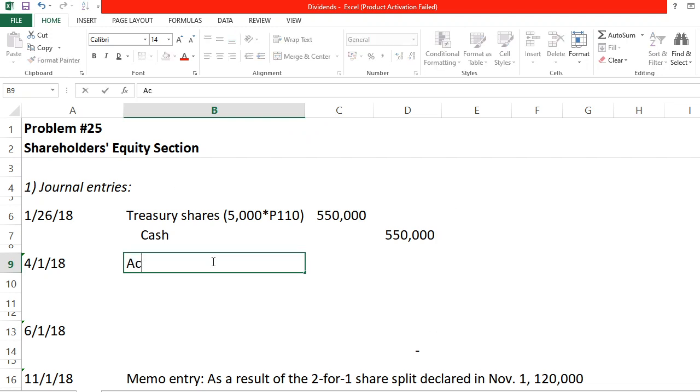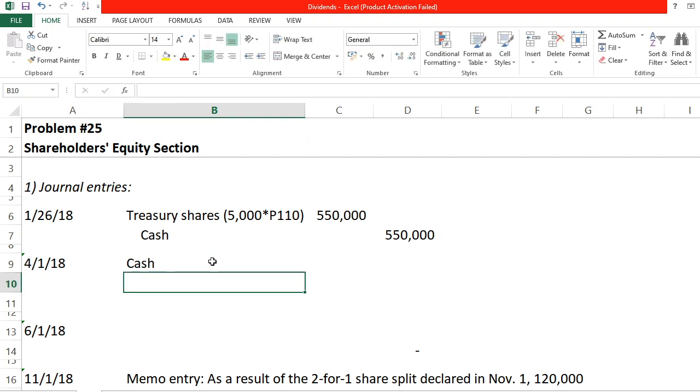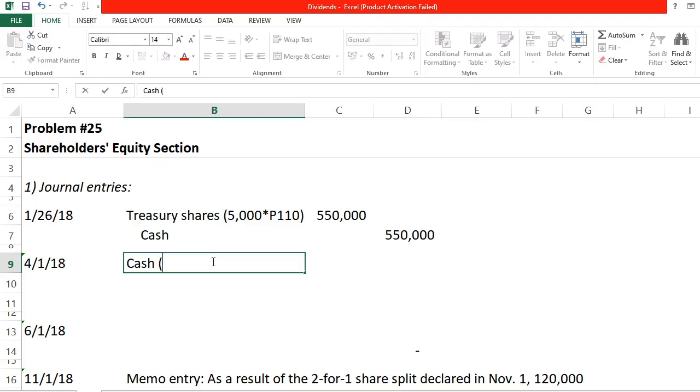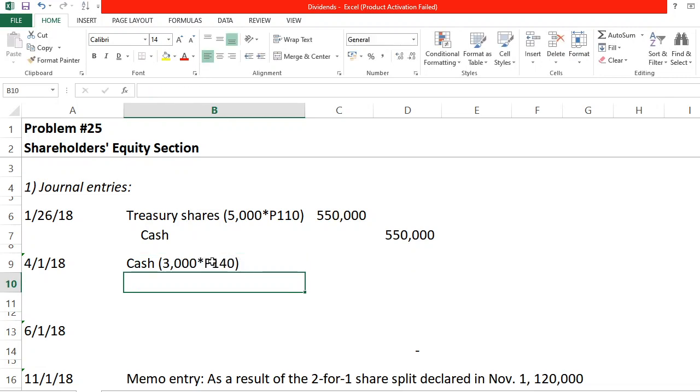So in exchange, we received cash, and that's 140 per share. So if you look at it, we bought at 110 and sold at 140. So I guess this is going to result in a gain. 3,000 times at cost, which is 110.